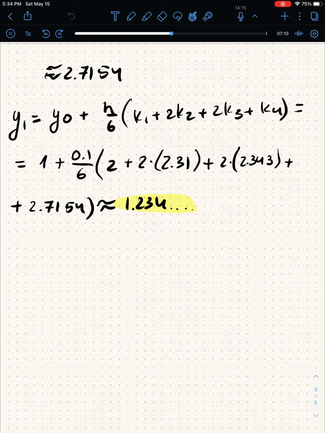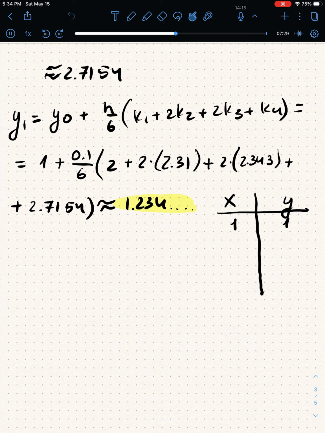Fantastic. Now, as in Euler's method, let's also try to be consistent and not confuse ourselves. Let's just make a little table. We have our x, we have our y. We know x at 1 is 1.